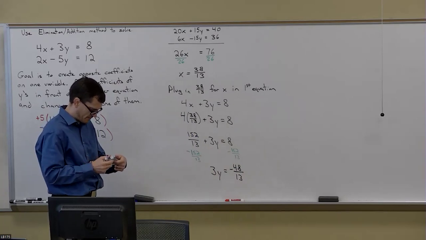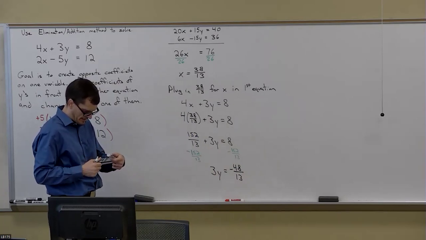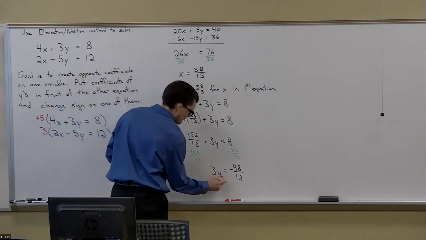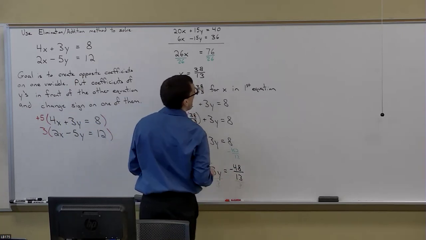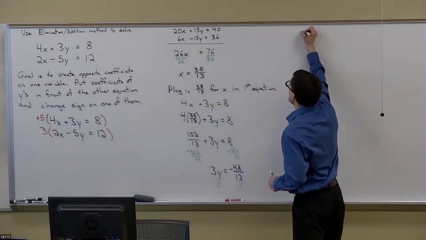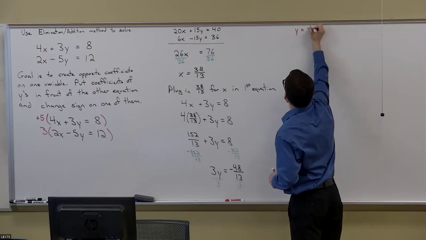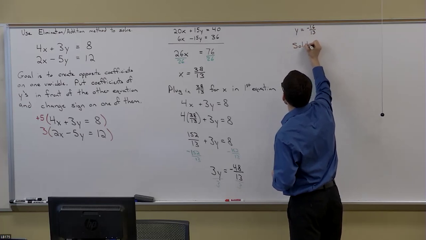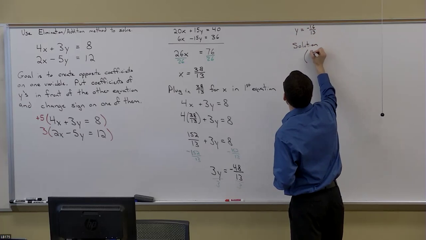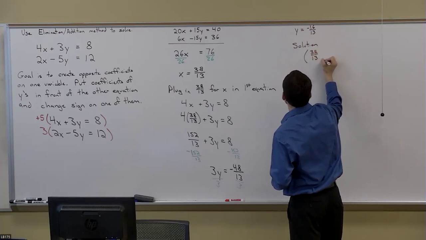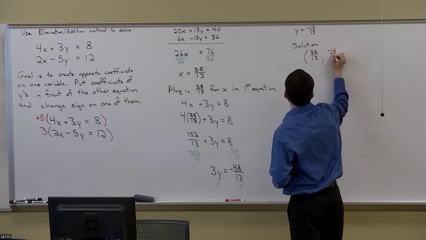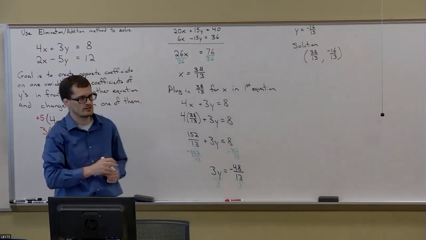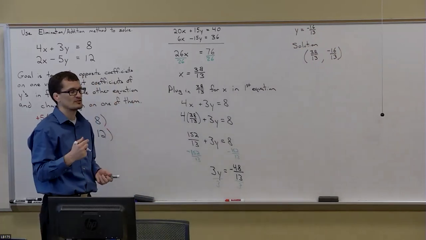And then divide that by 3. I get negative 16 over 13. So my solution is ugly fractions, but that's okay, still a solution. The x value is 38 over 13, the y value is negative 16 over 13. Again, in Moodle, it'll ask you to round your decimal answers to a couple of decimal places.